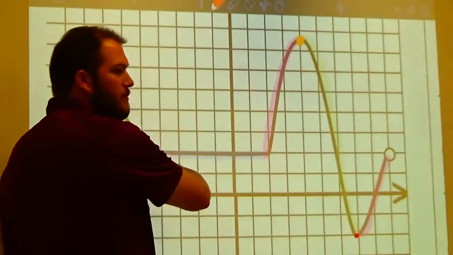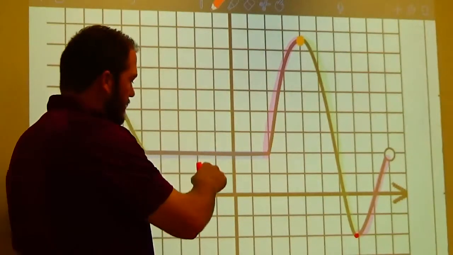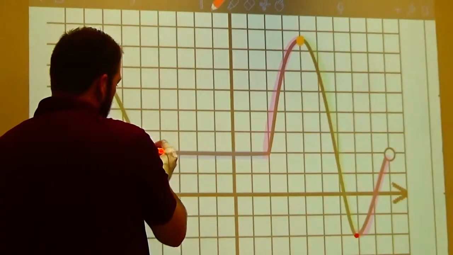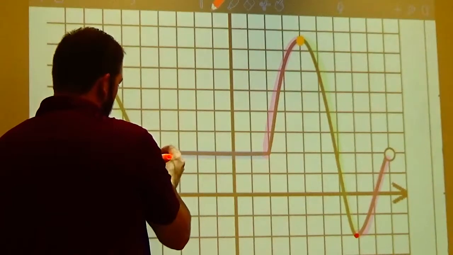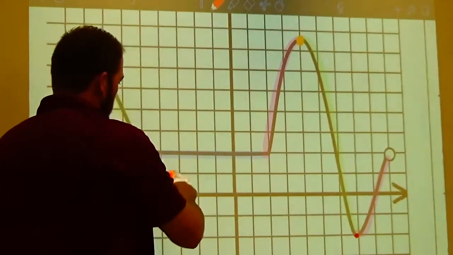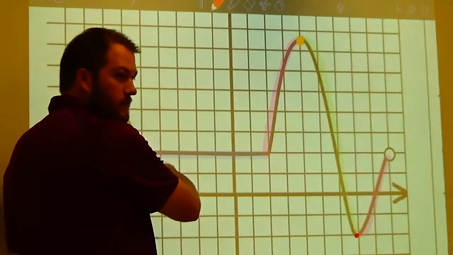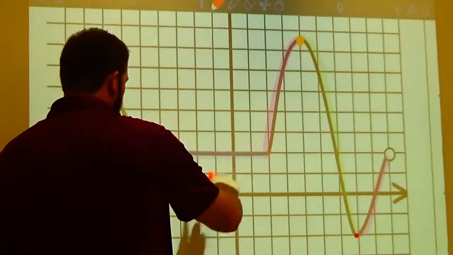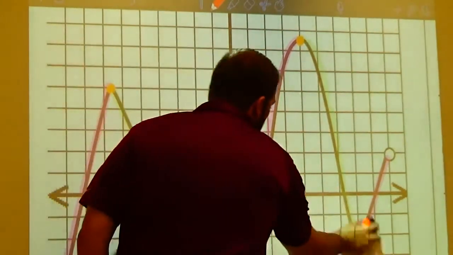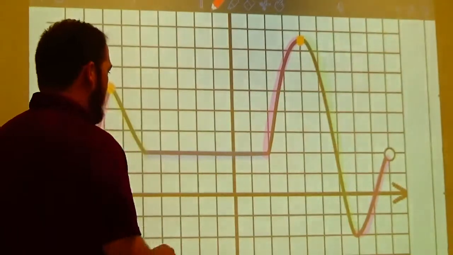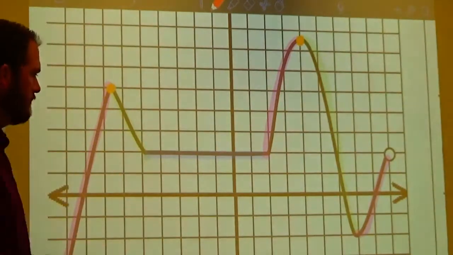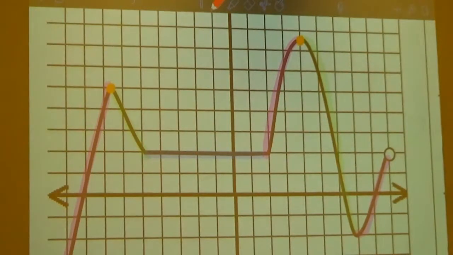They might tempt you into being a local minimum, but they're not because it's just straight. So even if I create an interval there, that's not the lowest point. You could technically say any of these points are the lowest point. So our only local minimum is over there at 7, negative 2.